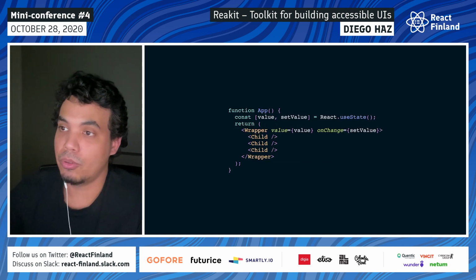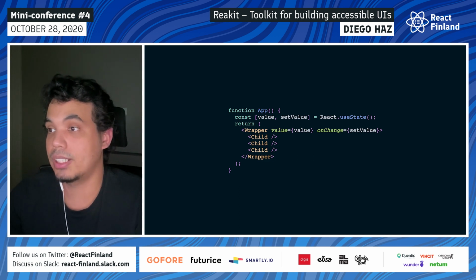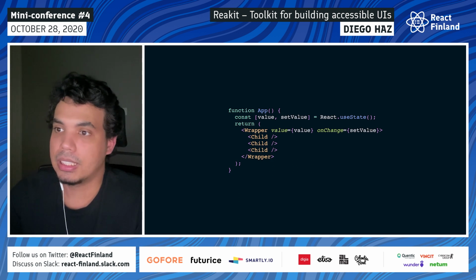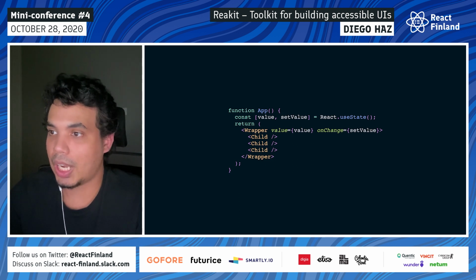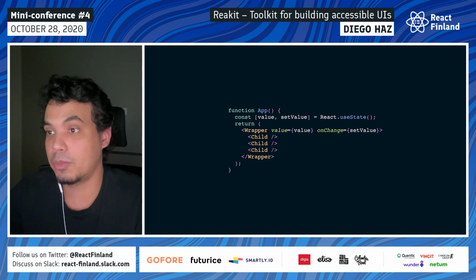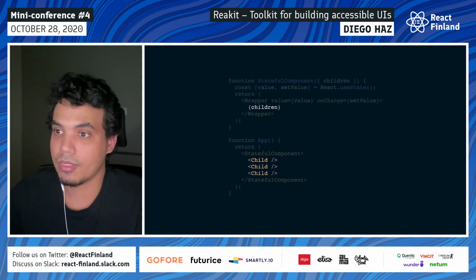To give an example, we have local state in this app component, and when this state is updated, the app component will re-render together with all the elements that it renders, like the wrapper and the child elements. And if the render of these multiple child elements is causing performance issues, a simple way to fix it is by abstracting the local state into a separate component that receives children.